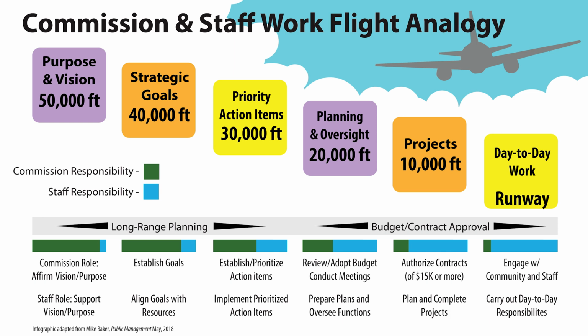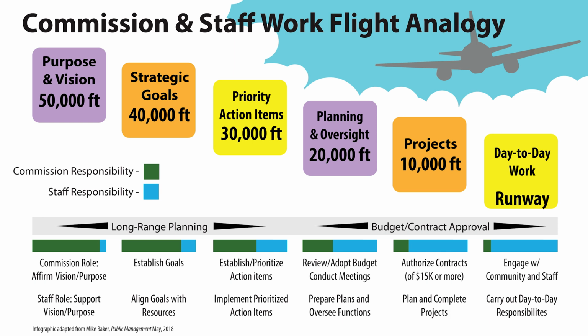At the bottom of the exhibit, you'll notice that there is a gray bar chart that goes across the bottom that says long-range planning and then transitions into budget or contract approval. And then right below that, you have a bunch of different bars that are ranging in color from green to blue.